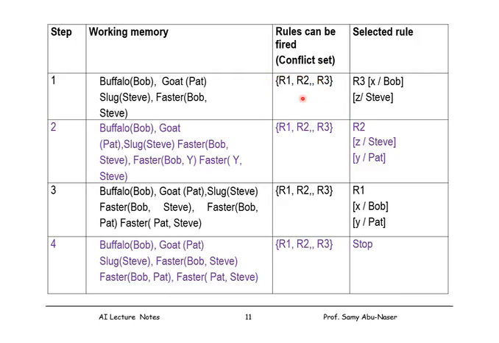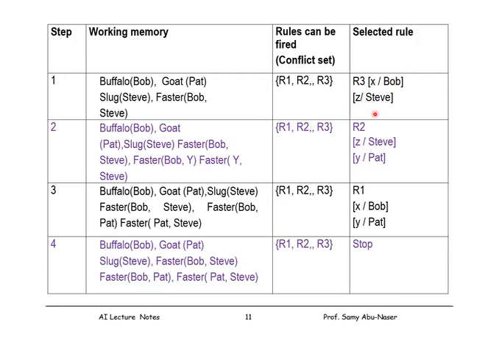So what we're going to do, let's choose R3. Since we talk about backward, start with the last one, R3. We substitute X with Bob and Z with Steve. Execute the rule R3.